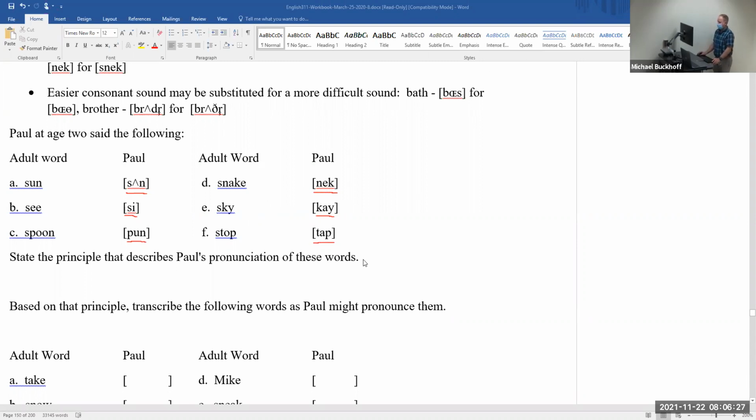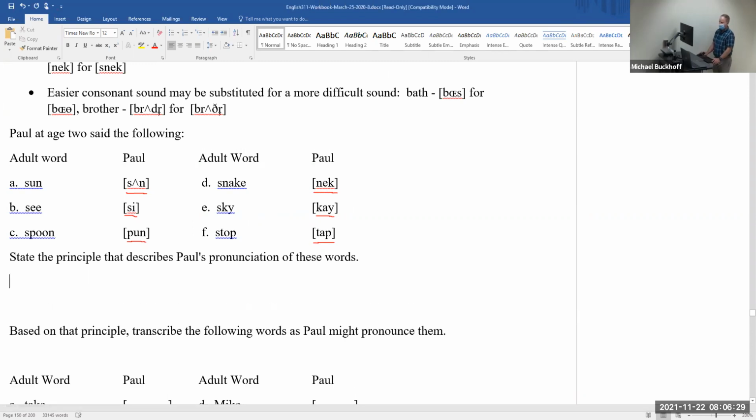Now the question here is, state the principle that describes Paul's pronunciation of these words. So what is he doing here? We have poon, nake, kai, top. So Paul is what? Not pronouncing the S. That's right.